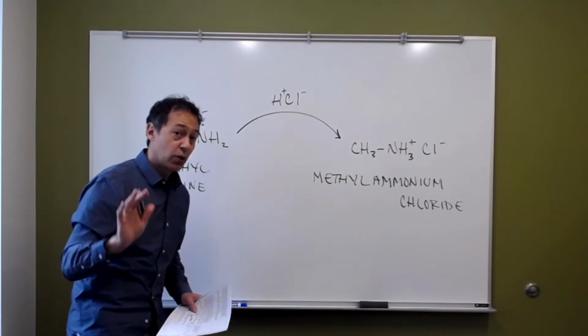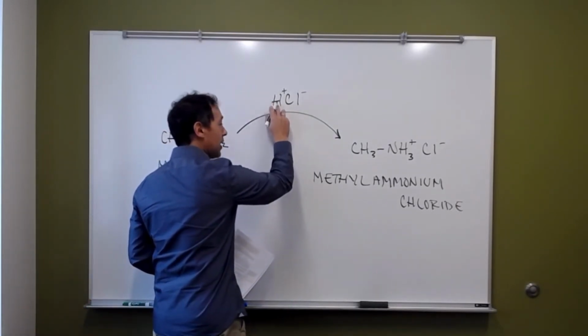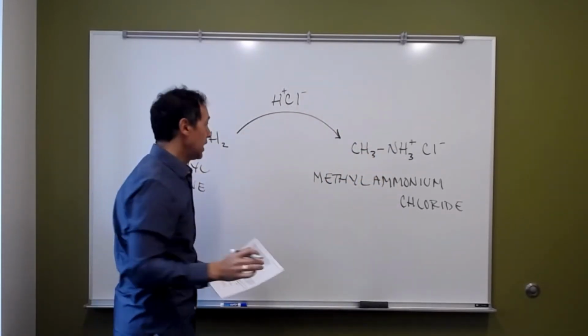Methyl ammonium chloride. And this process of adding this hydrogen ion onto our methylamine is called protonation.